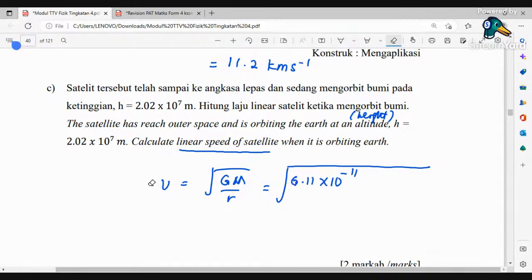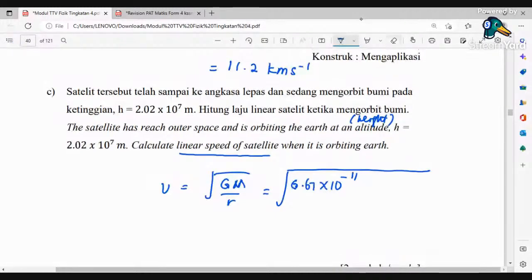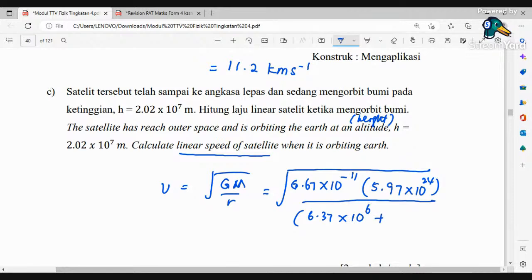6.67 times 10 power negative 11, G multiply M. Divide by r. The height is given in meter like this, so it means 6.37 times 10 power 6 plus 2.02.